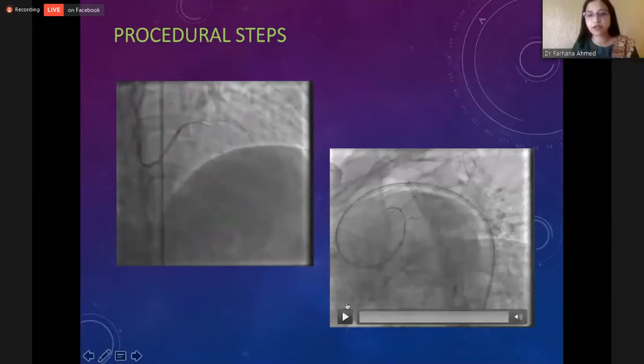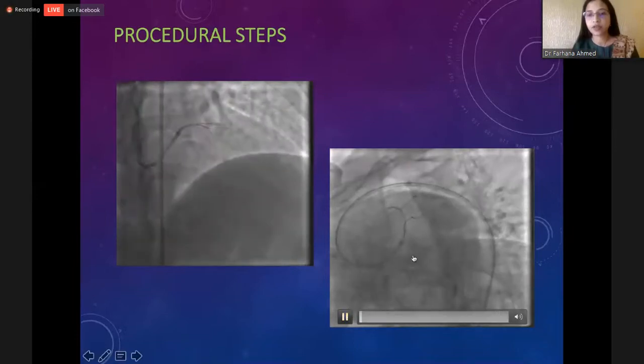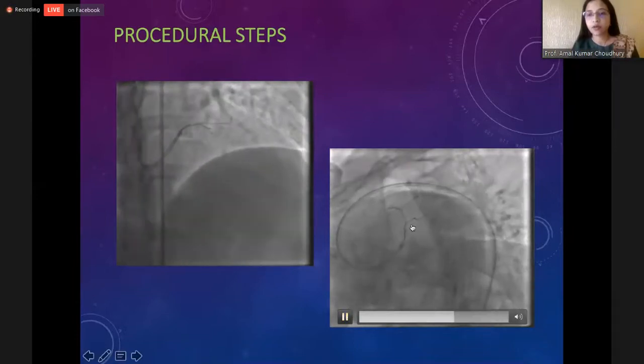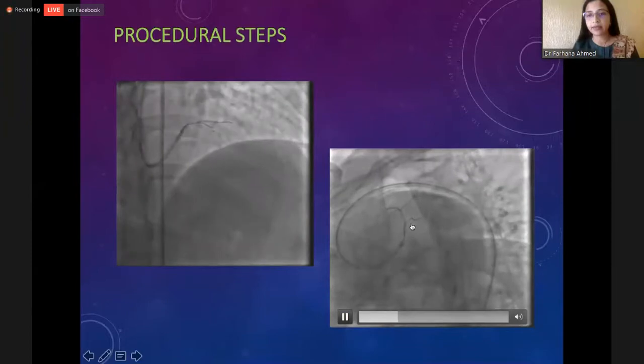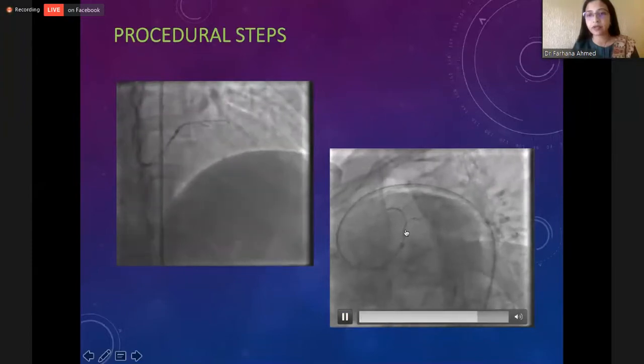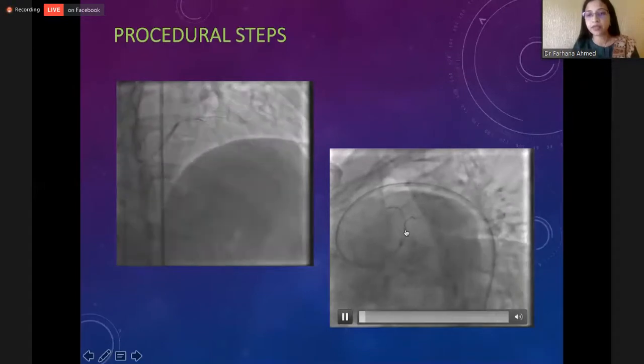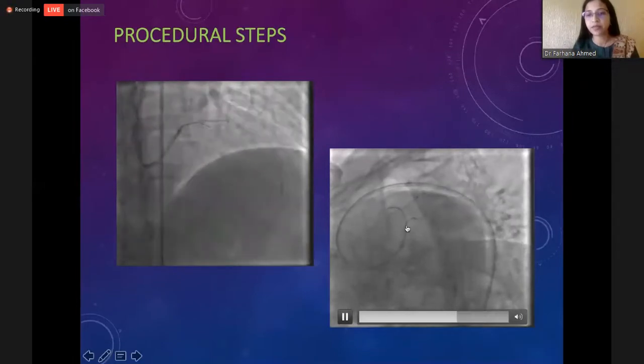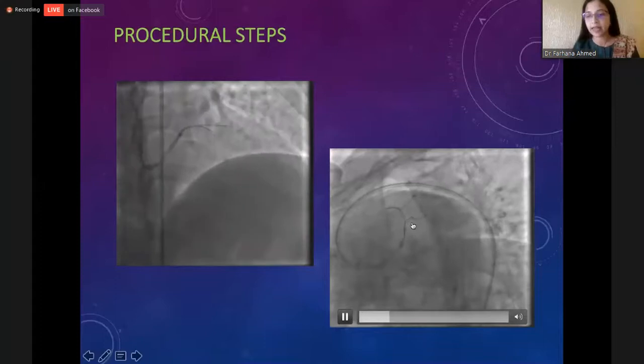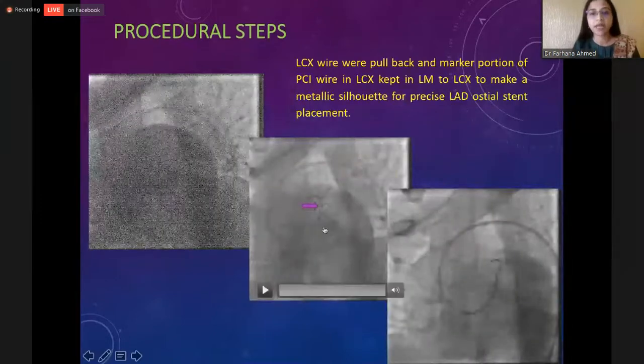At this stage of our procedure, we pulled back the L6 wire and kept the softer portion of the L6 wire from left main to LCX. The idea is that with the blood flow, this softer portion sticks to the roof of the carina and marks the ostium of LAD.